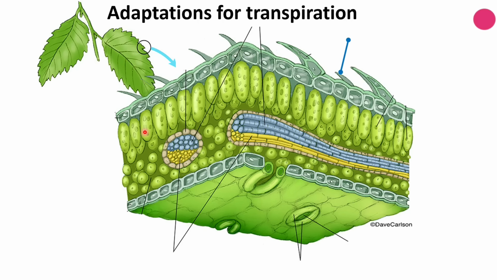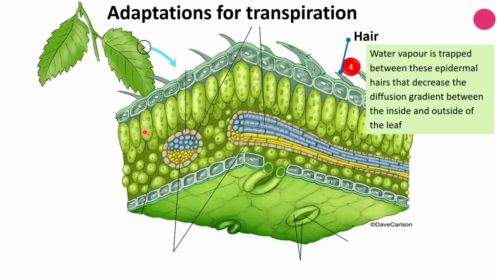So the next 3: there can be some hairs on leaves. If you've felt some leaves and they are quite smooth, the hair is actually quite a nice adaptation, as it traps some of the water vapor, and that leads to less transpiration. The way in which that is done is it decreases the diffusion gradient, so it makes it possible for less water to get lost.